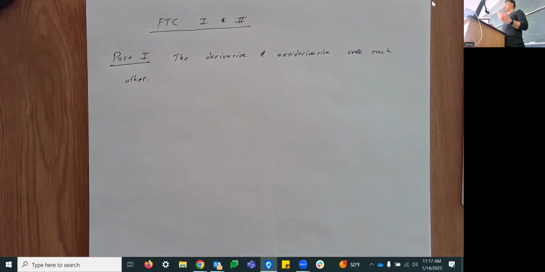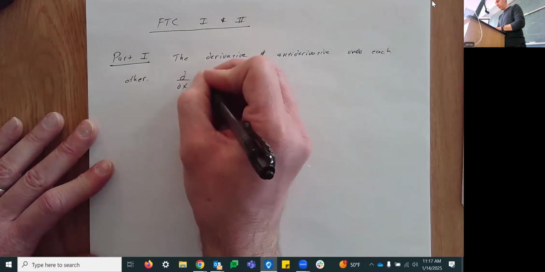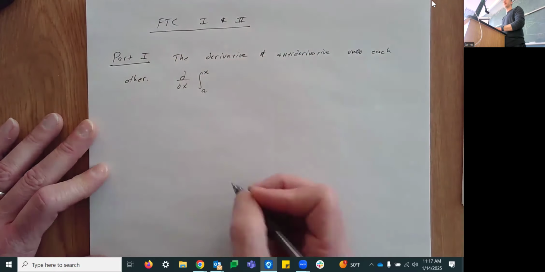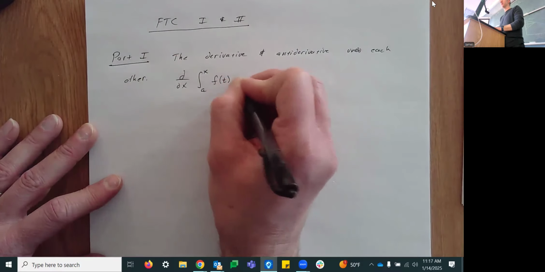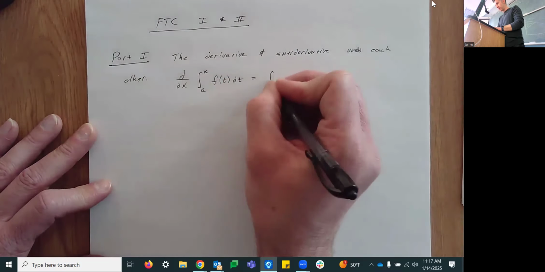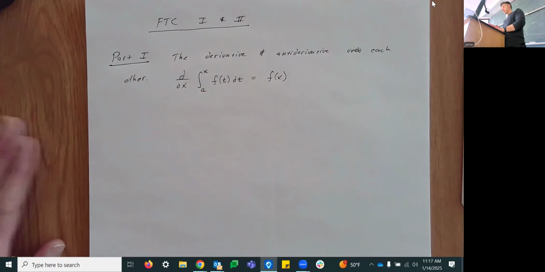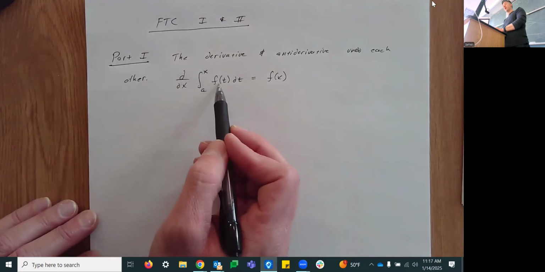Here's how we write it. The derivative of the integral from a constant to x of f of t dt is equal to f of x. Don't worry, we'll do some examples on this in a minute. But that's what the fundamental theorem says. If you take the derivative of the antiderivative of your function, you get back your function.